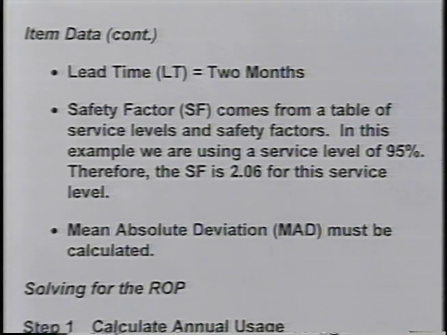But in this case, because of the where use code and the item based upon its usage requirements, management here has indicated that a 95% service level is accurate, and therefore if I go to the table for the safety factor service level, then the safety factor is equal to 2.06, and we go through the calculation for the order point formula.